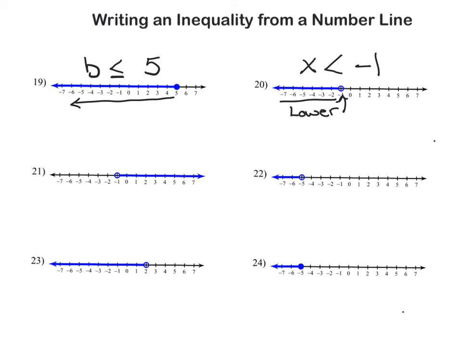Next, we have also at -1. So let's say I use y this time. And we have -1, but this time it's going to bigger numbers. So it's going to be greater than. And it's an open circle, so I'm just going to leave it as y is greater than -1 because -1 cannot be one of my answers.